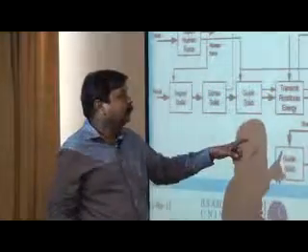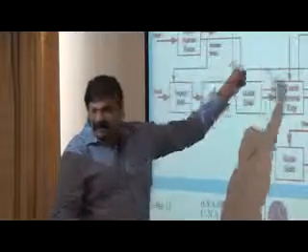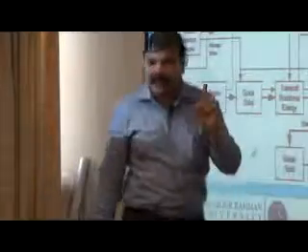Now, when I convert the electrical energy into rotary motion, there is some vibration. The vibration comes out as an energy out. That energy out needs to be minimized, dissipated.